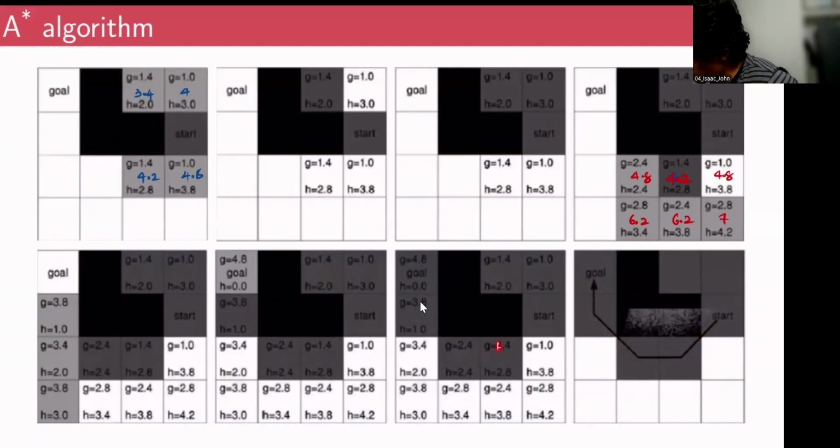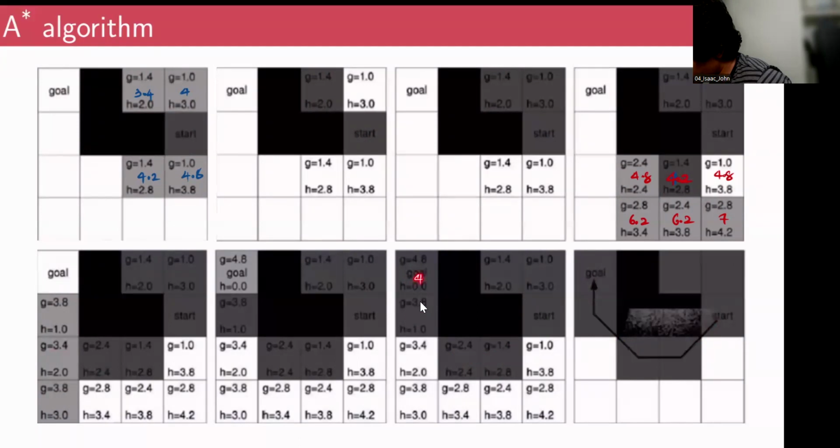So as you can see, this is 1.4, this is 2.8. So this is 4.2, this is also 4.2. This is again 4.8, and finally you reach the goal.